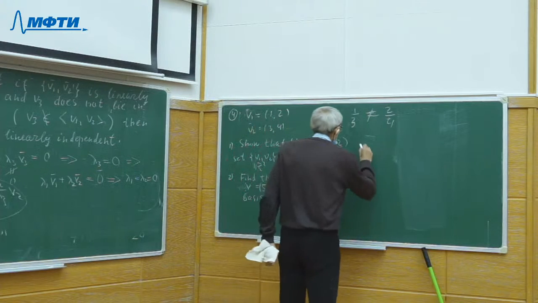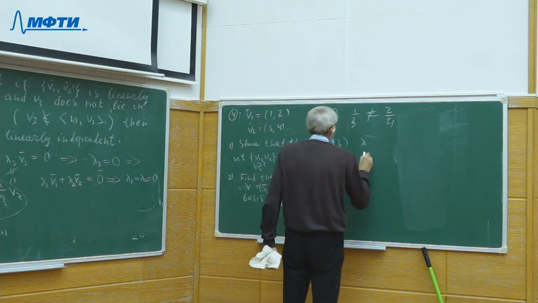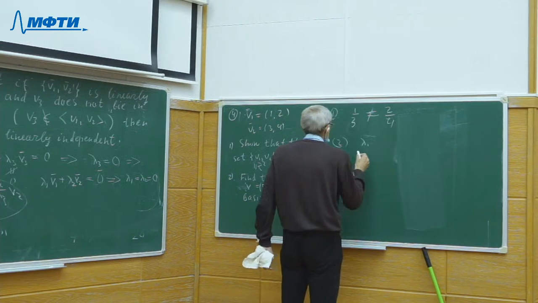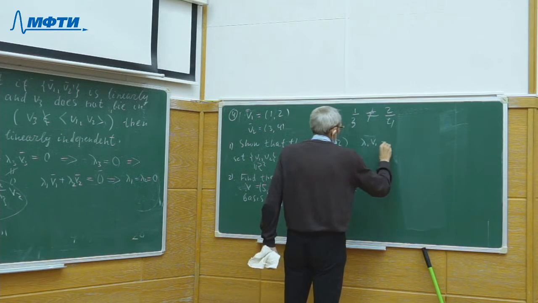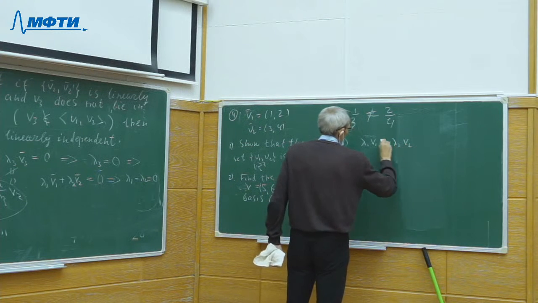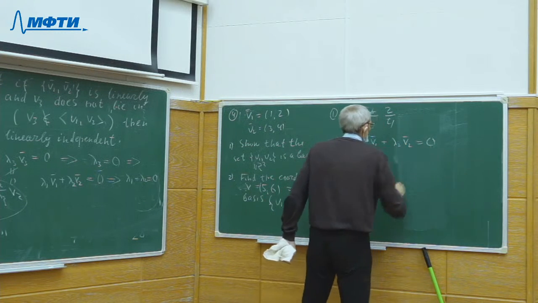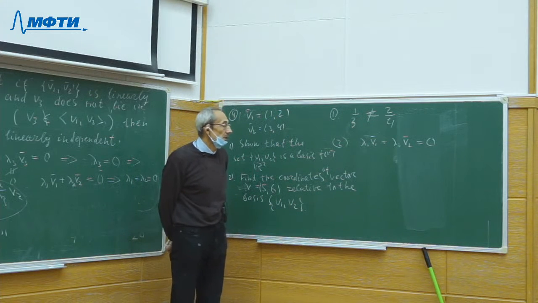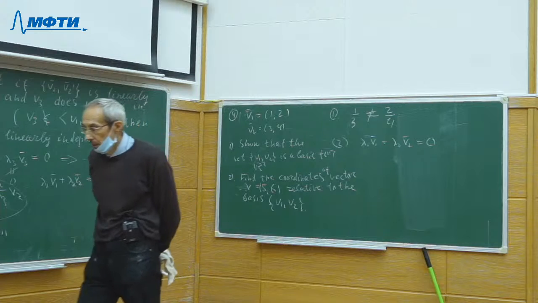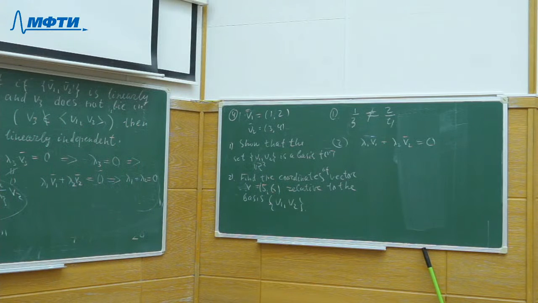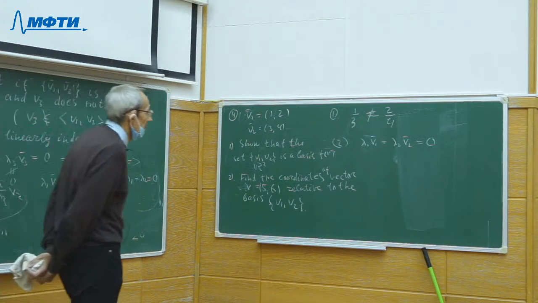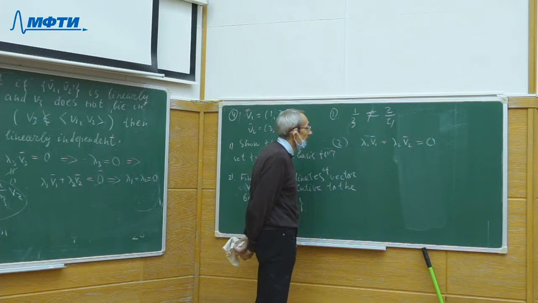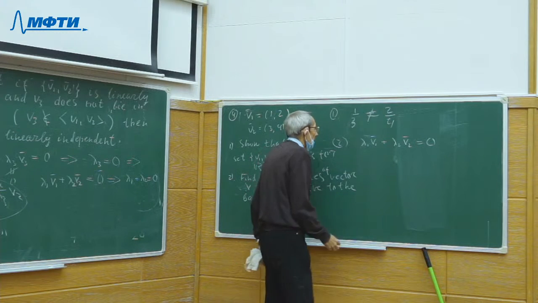For this, first of all, let's consider some linear combination of these vectors, and let this linear combination be equal to 0. We can show that the coefficients of this linear combination are equal to 0.